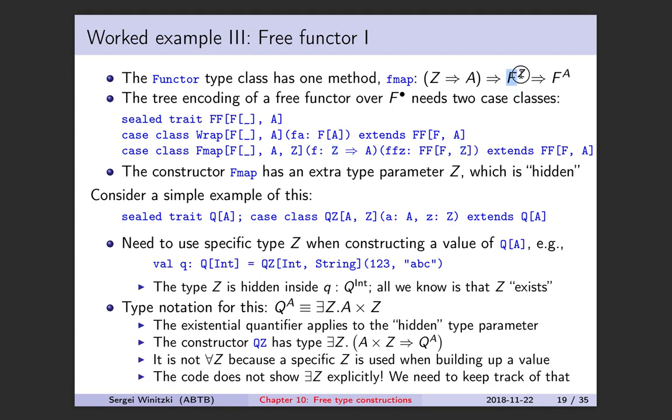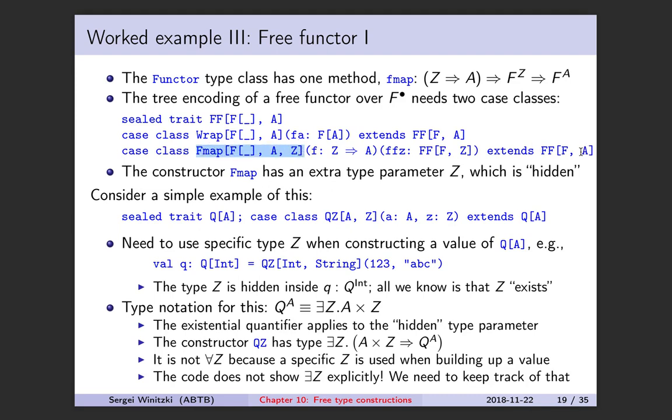It's an arbitrary fz, which is going to be the free functor of z, which we map with the function z to a. And the result is a free functor of a.